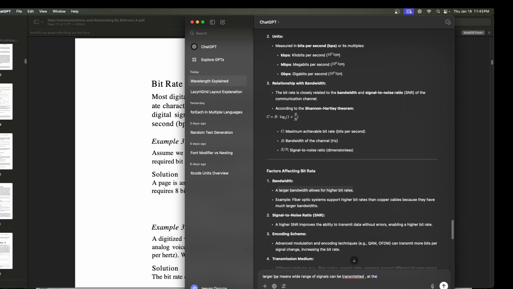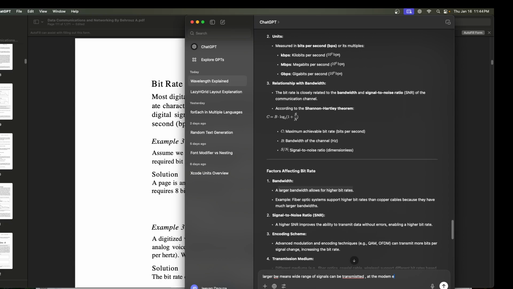so at the modem end, that many. Now how is he relating bandwidth and bit rates? A larger bandwidth allows for a higher bit rate.